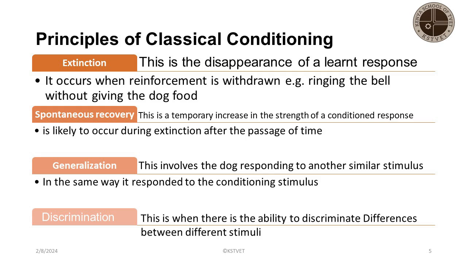For example, if a dog has learned to associate food with a specific bell tone, but not with other similar sounds, for example, whistling, it has discriminated between the conditioned stimulus and other irrelevant stimuli. The dog responds selectively to the specific conditioned stimulus that predicts the unconditioned stimulus.